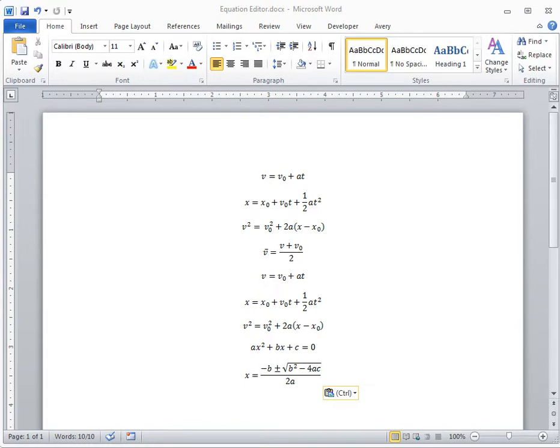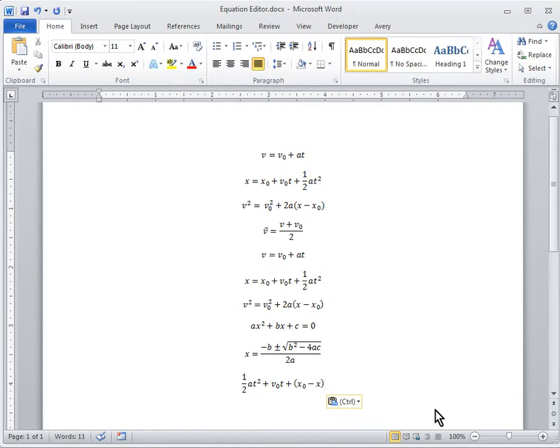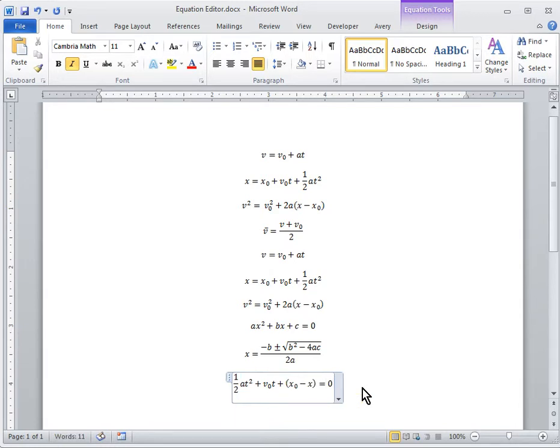Okay, I don't quite have it constructed here, but I'll copy in part of it, and make this equation editor equals 0. Okay, what have I done here? I've taken this equation and rearranged it in order of the quadratic term first, right here, then the linear term there, and then I subtracted x from both sides, so I'd have x0 minus x for the constant term, and since I subtracted from both sides, the other side would be 0.